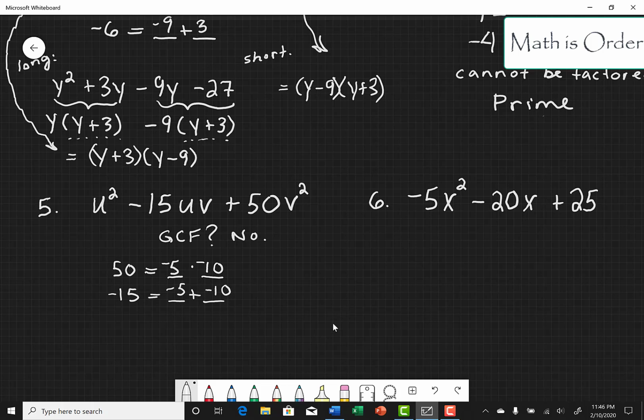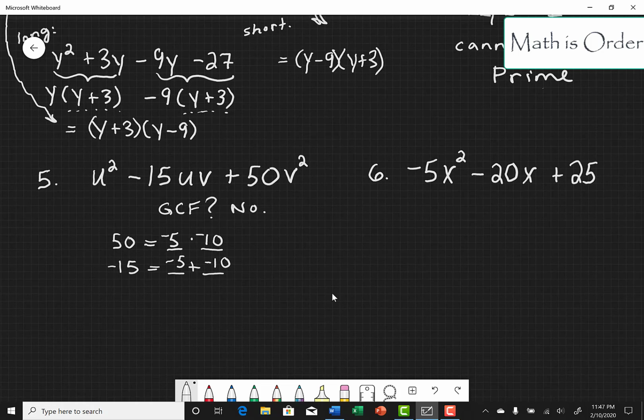Right, so we found it immediately. So our shortcut approach would just be to say u minus 5v, and I have to put the v there, and u minus 10v. Right, that would be our shortcut answer.